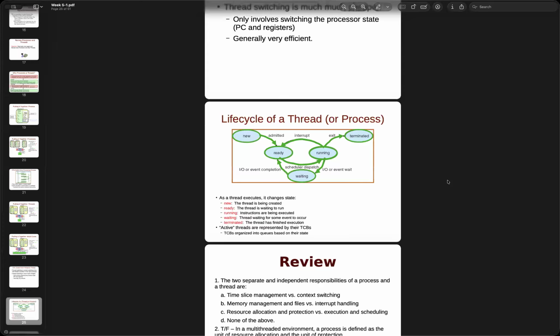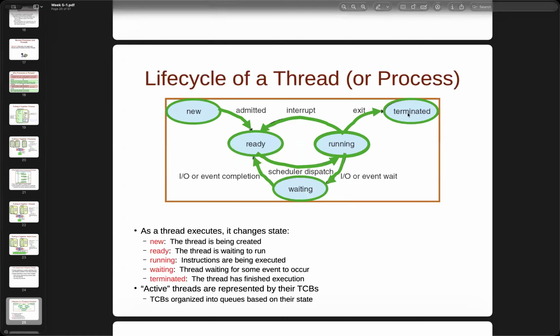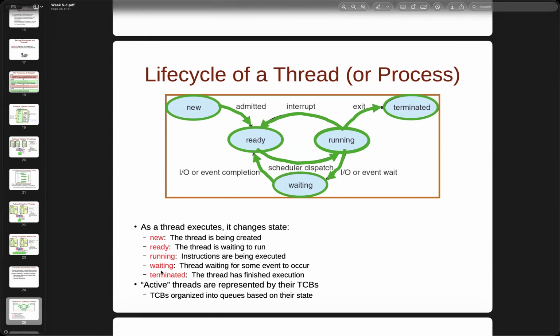If we finish, we have the terminated state, meaning we can exit. Or if we're in one state and receive some event we're waiting for, we go to the waiting state, and once it completes we put it back to ready. It's the same for a thread's execution: it changes through all these states, new, ready, running, waiting, terminated. We call these the active threads.